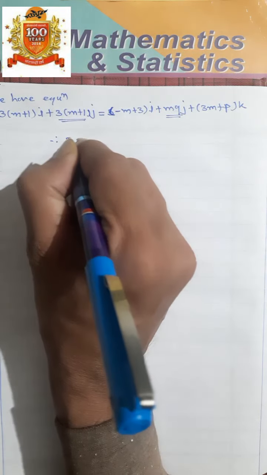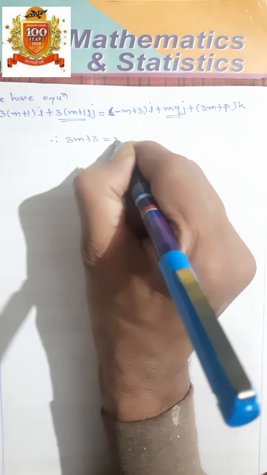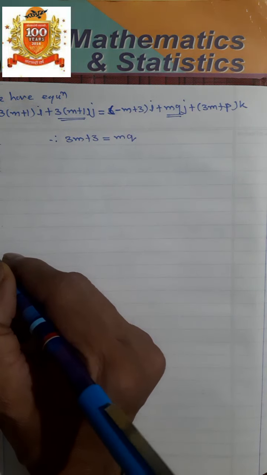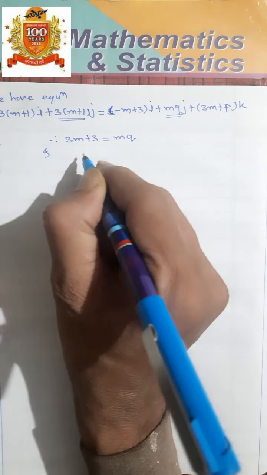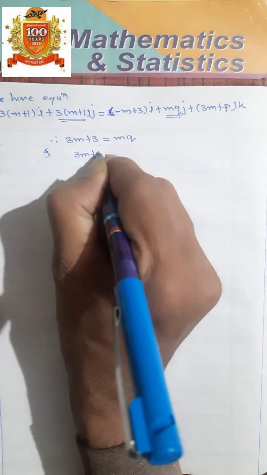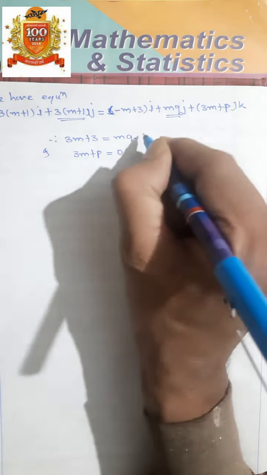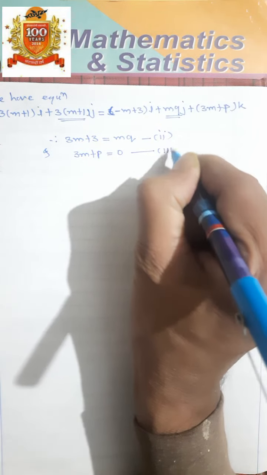Therefore, 3m plus 3 is equal to mq, isn't it? And 3m plus p is equal to 0. This is second, and this is third.